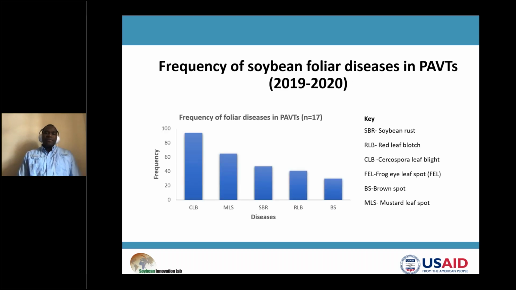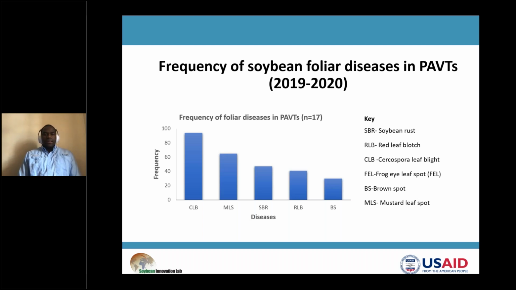When we look at the frequency of diseases in the Pan-African variety trials, we wanted to see the number of times a disease is found in each of the sites. Out of the 17 sites, Cercospora leaf spot was observed in about 15 sites out of the 17, followed by mustard leaf spot.